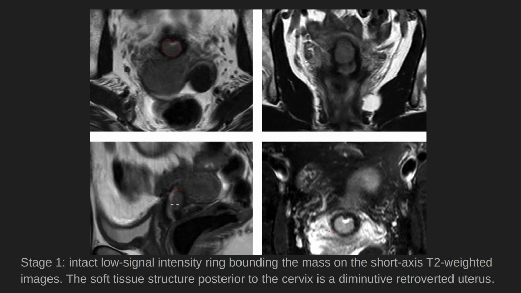Again, we see it here in the cervix, and here as well. The important thing to note here is you see this T2 dark lining all around the mass lesion on all the planes, and in none of the planes do we see that the stromal lining has been broken by the tumor. So that suggests that the tumor is confined to the cervix alone and is consistent with a stage 1 tumor.